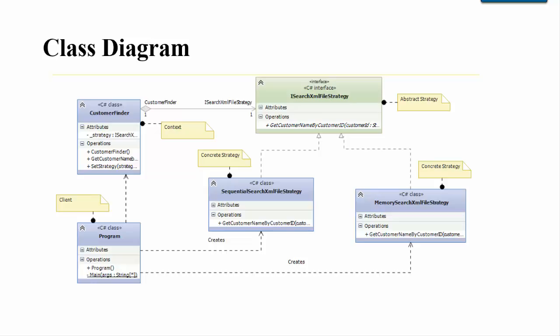On the left hand side, at the top, we have the customer finder, which is the context class that holds a reference to iSearch XML file strategy.